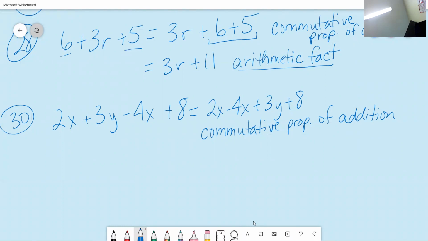They've taken out the constant factors with the x. Okay, so we're left with 2 minus 4x plus 3y plus 8. So what's this? Surely you recognize it by now. This is our distributive property.